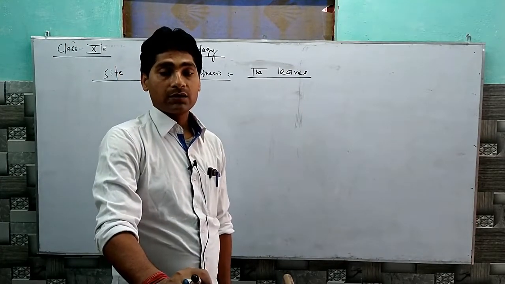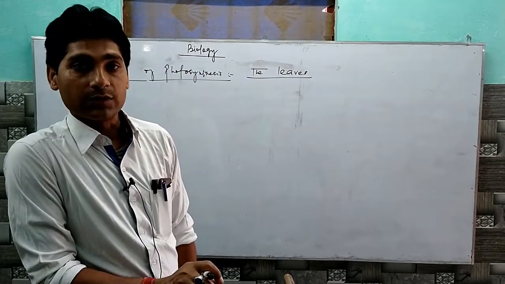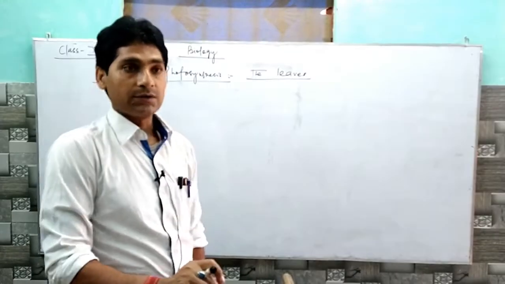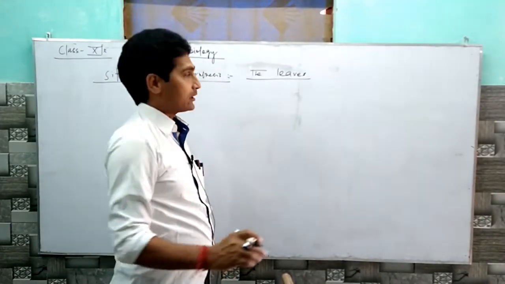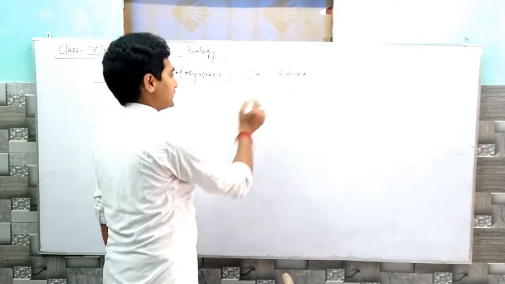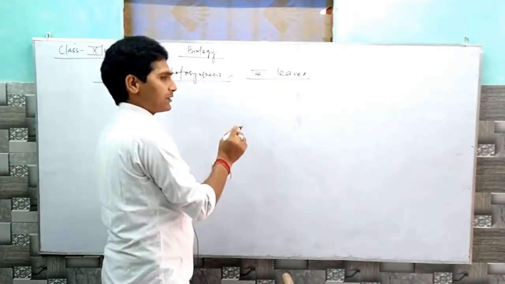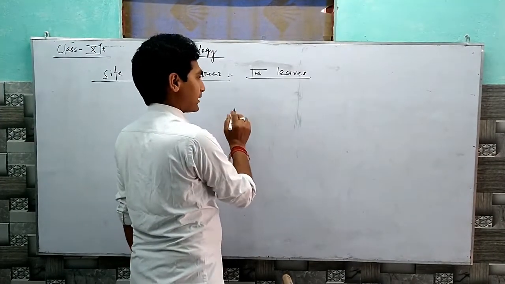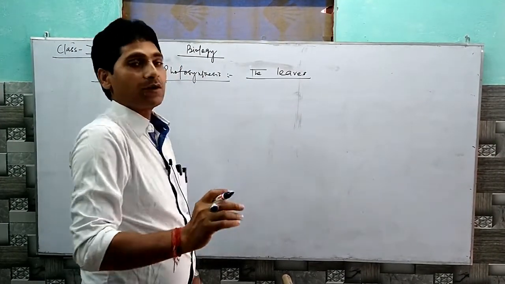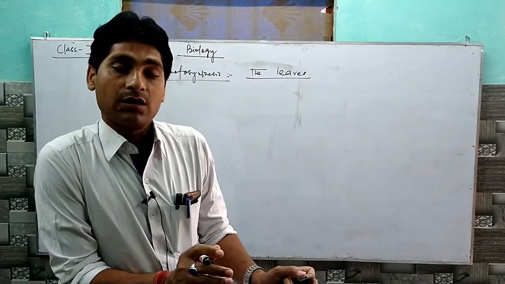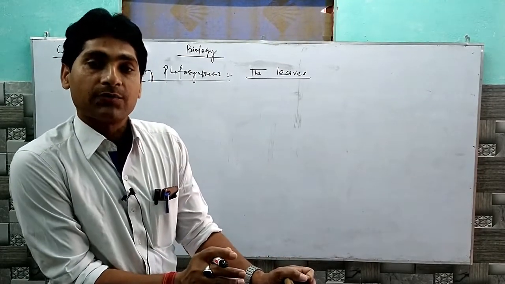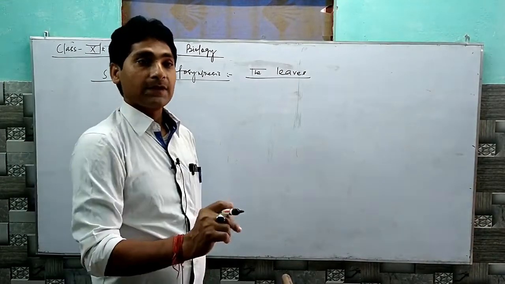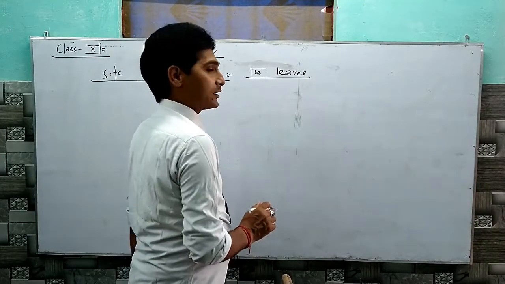When we go through the cross section of a leaf, we observe three different regions in a typical leaf: upper epidermis, mesophyll, and lower epidermis.